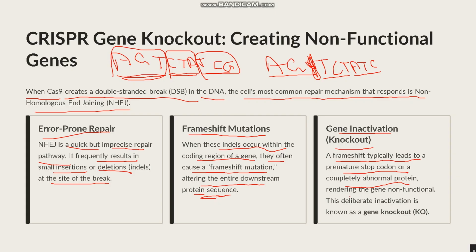This abnormal protein, formed by introducing stop codons, causes gene inactivation, rendering the gene non-functional. This deliberate inactivation is known as gene knockout.